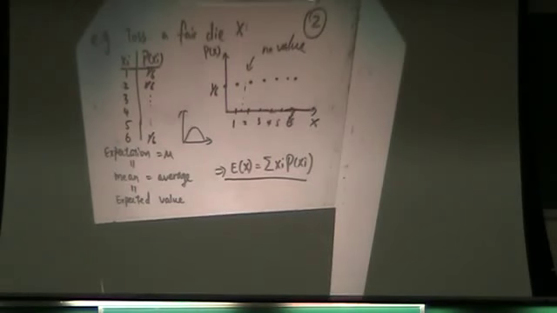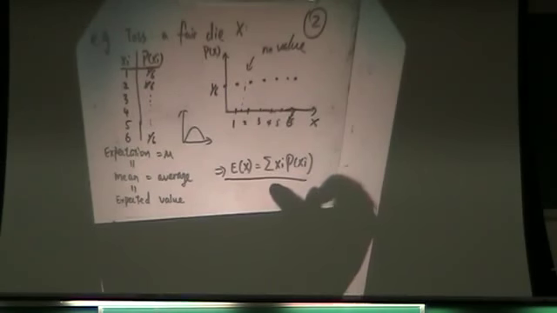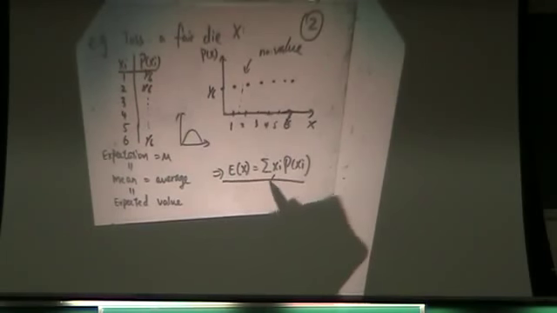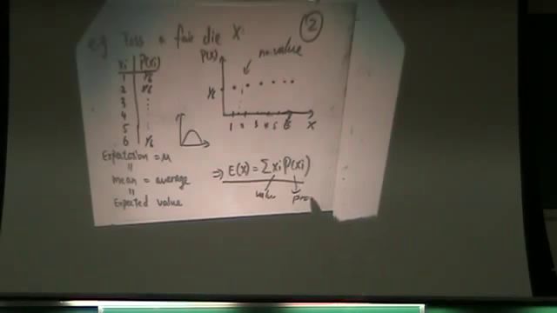Basically, you take the summation of the product between the value and the probability associated with it. This is the value, this is the probability. You take the product of them and then do a summation.